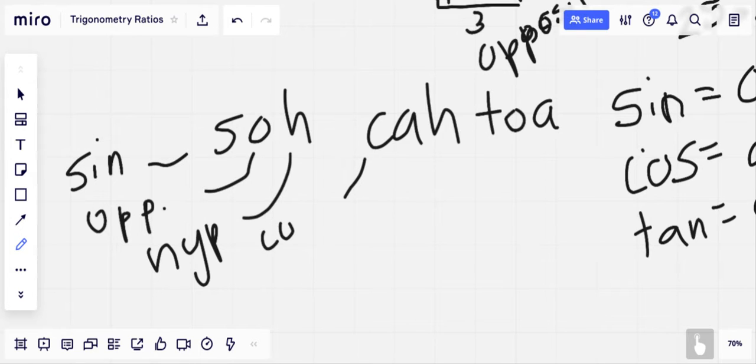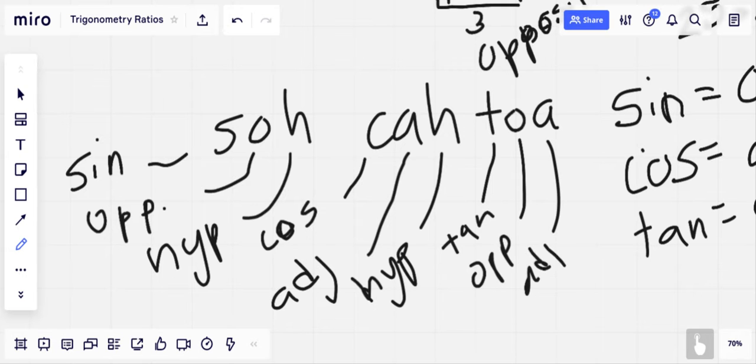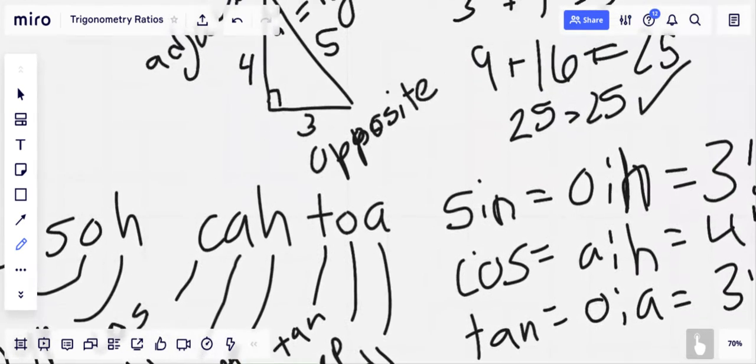CAH: cosine is equal to adjacent over hypotenuse. I'm abbreviating the opposite, hypotenuse, and adjacent to make it easier. And then the last one, TOA: tangent is equal to opposite over adjacent. So if you remember SOHCAHTOA, it makes the process much easier.